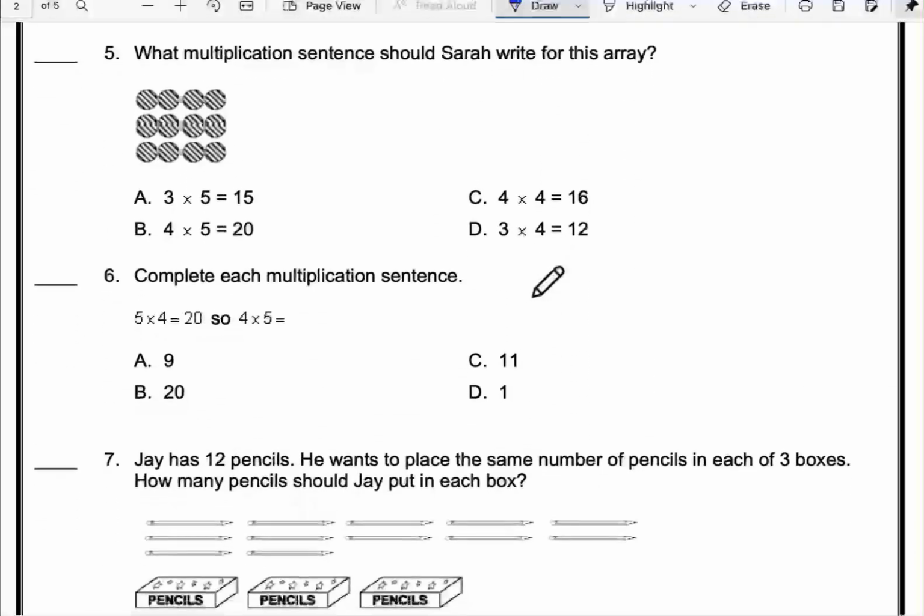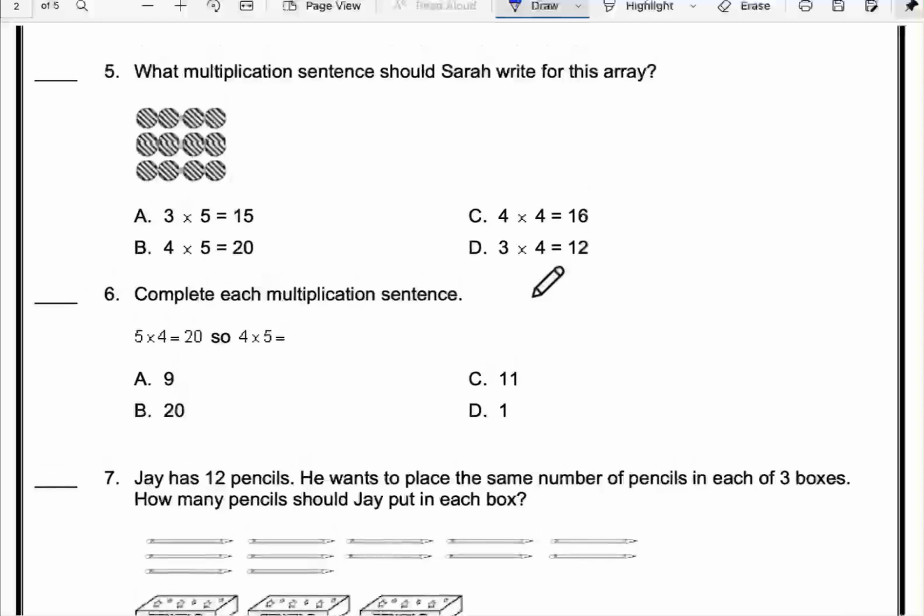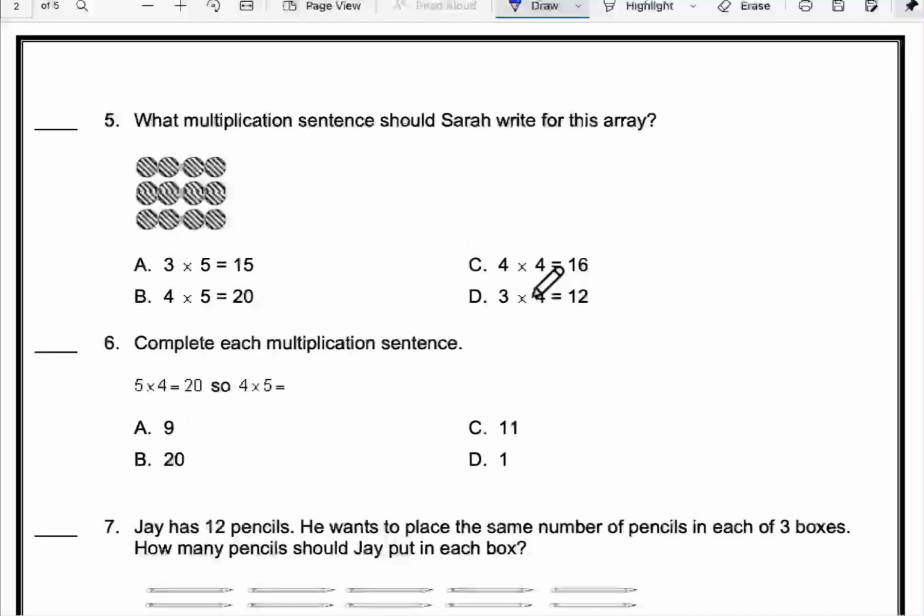Okay, let's move to the next question. Tahir? Yes, teacher. What multiplication sentence should Sarah write for this array? How many rows? 3 rows.